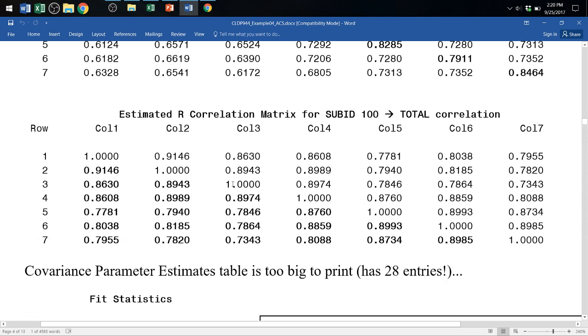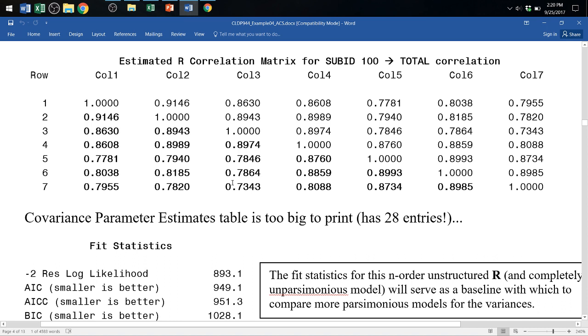How about the correlations over time? Do they look the same or different? Kind of different. Different in a pattern or different random? Pattern-ish, I'd say. Generally, the ones that are closer together, occasions closer together, look a little higher, but not always.